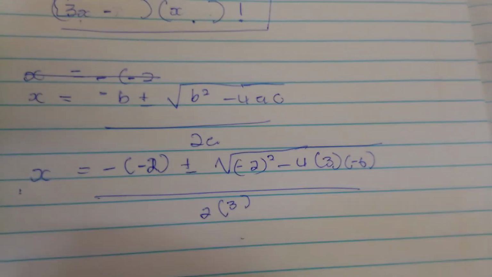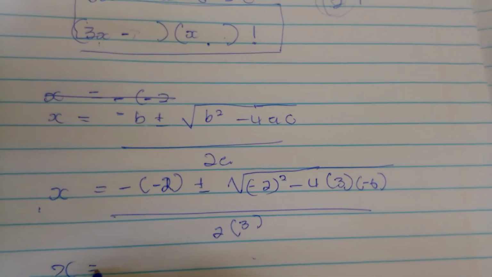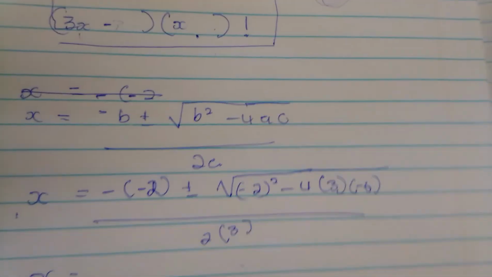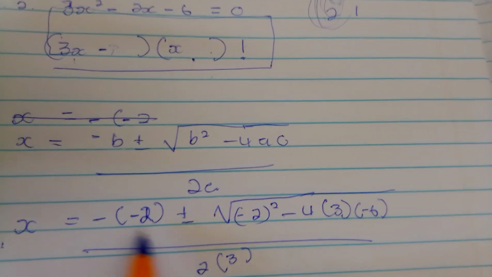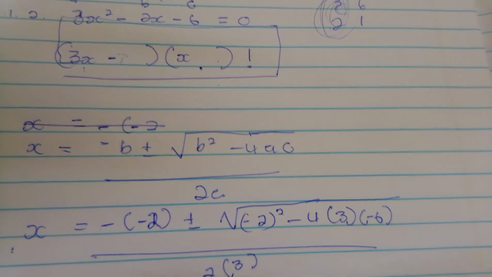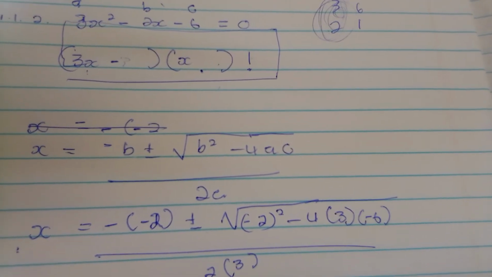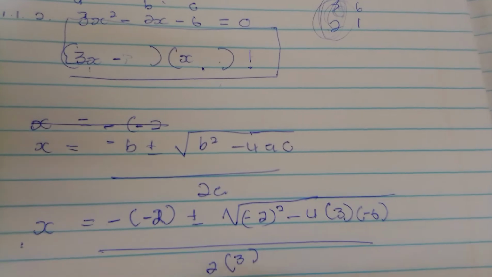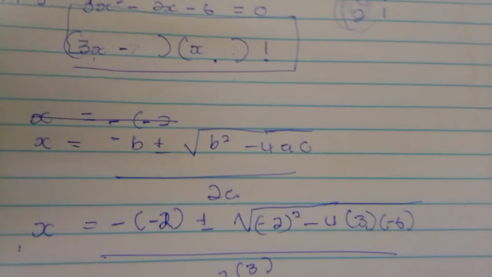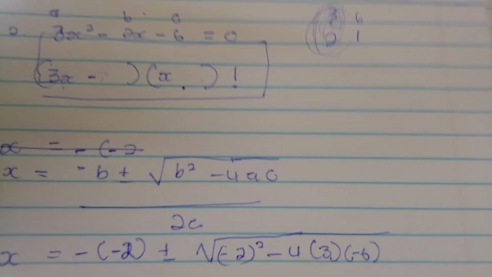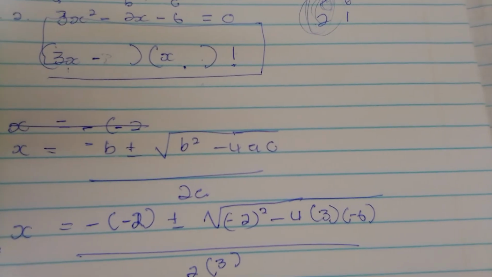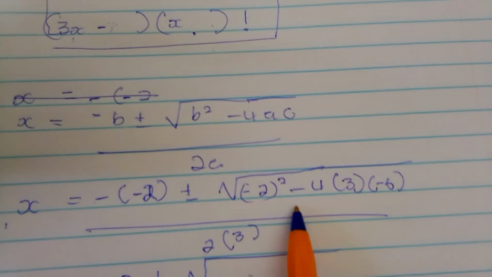So you're going to have x is equal to, let's just assume you don't have a calculator. You're going to write negative 2 multiplied by negative, so you have 2, then plus or minus the square root of negative 2 squared is 4, and 4 multiplied by 3 is 12, multiplied by the negative sign is negative 12.